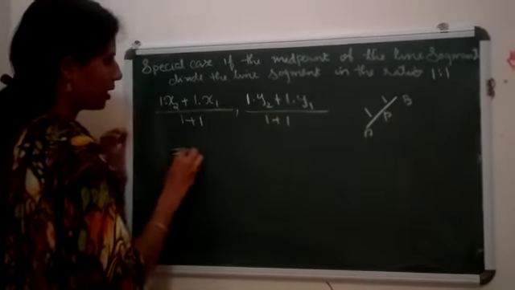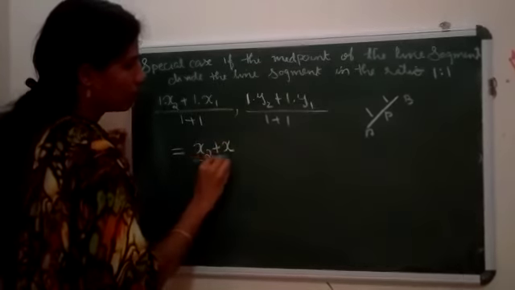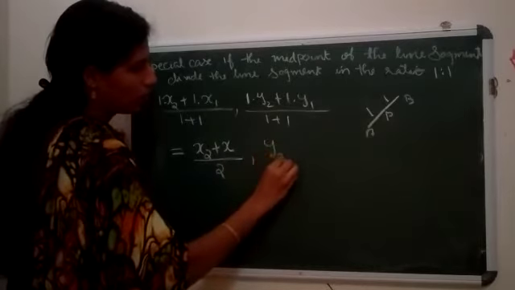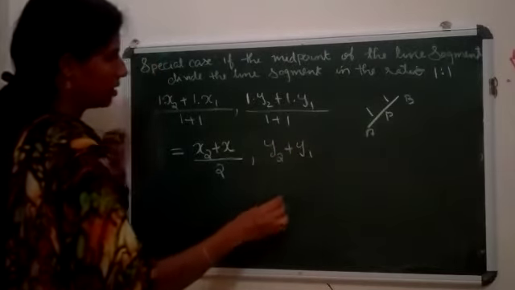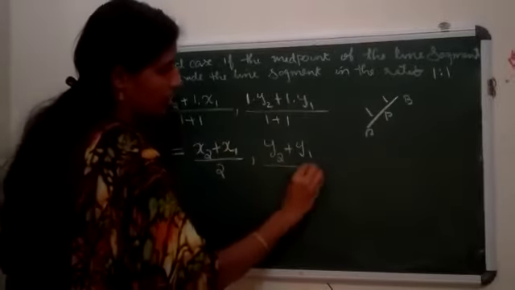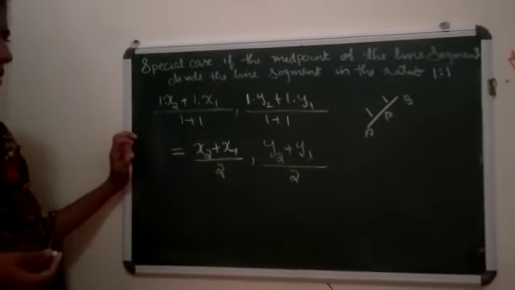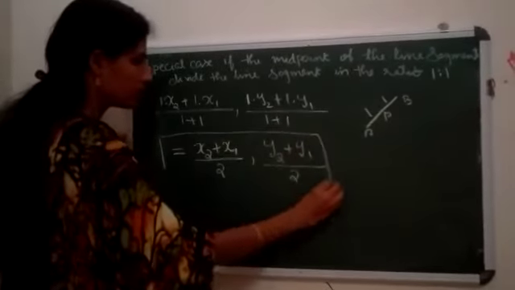This we can write as x2 plus x1 by 2 and y2 plus y1 divided by 2. This is the midpoint formula. Okay, this is also one important equation.